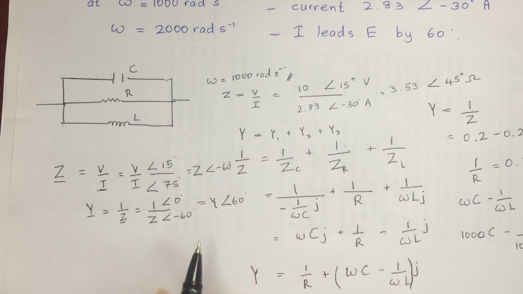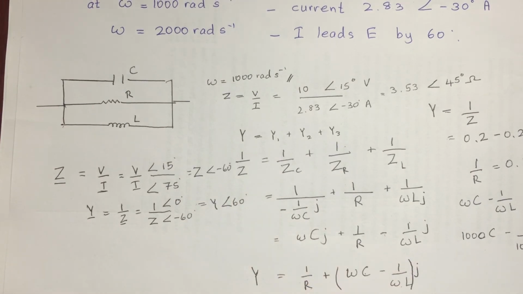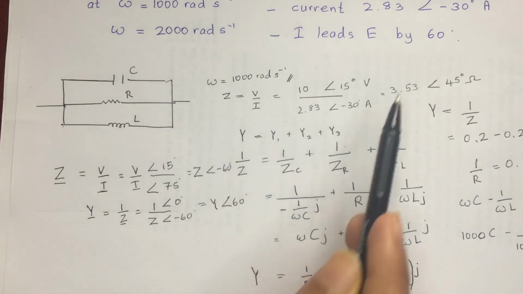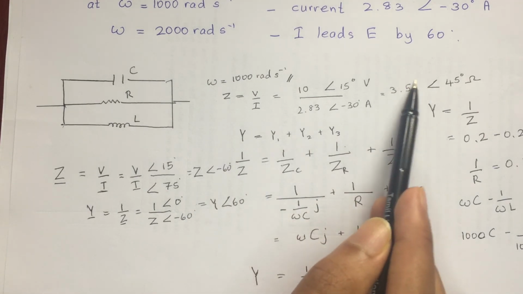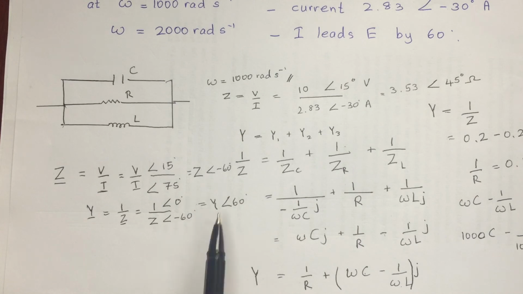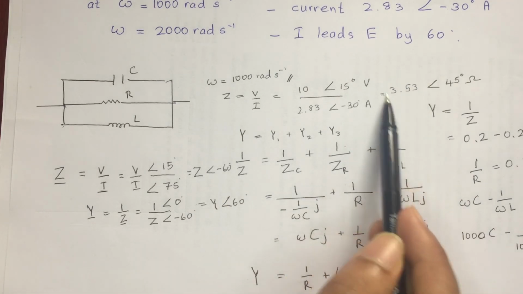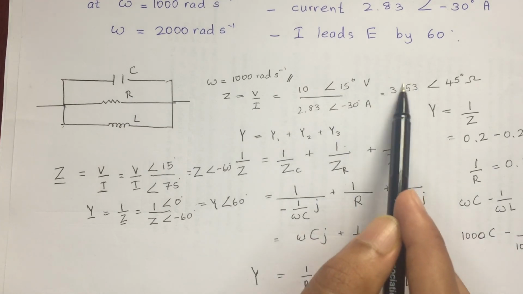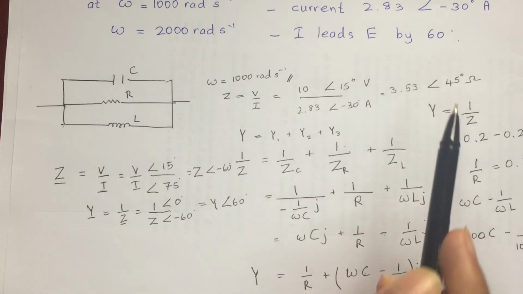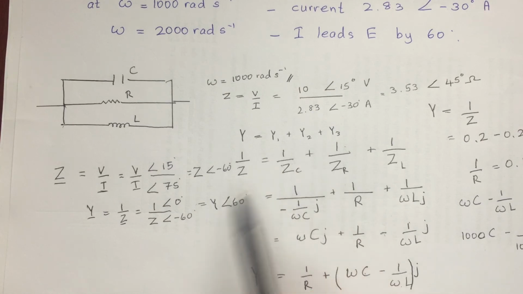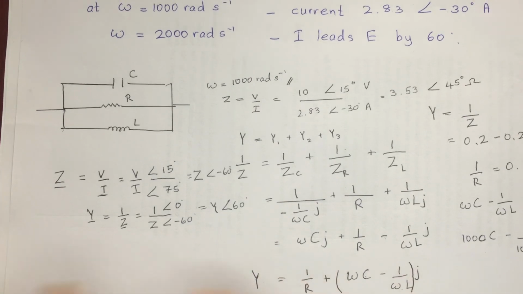So now we have the angle, and we need to compare this part with this part. Actually in this case we don't know the magnitude, so it's difficult. We need to use a variable. Let's say we take this part as Y, and change to the Cartesian form using Y cos 60 plus Y sin 60 into j, and compare these two parts.